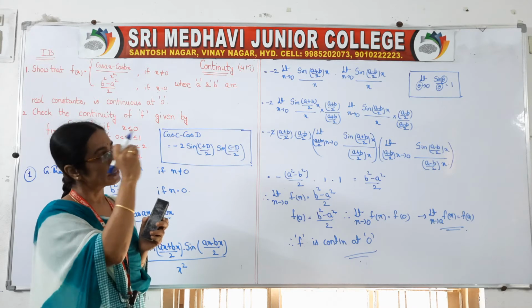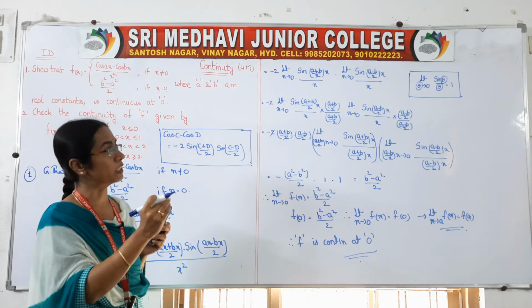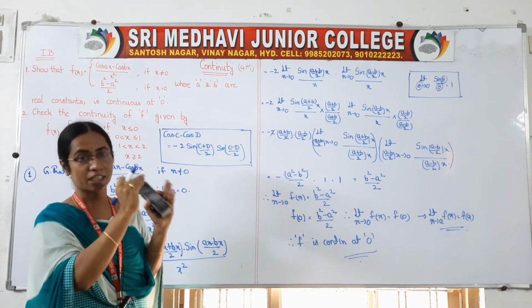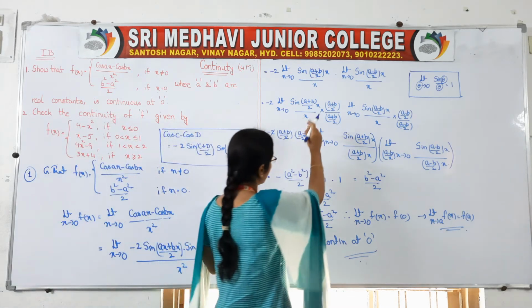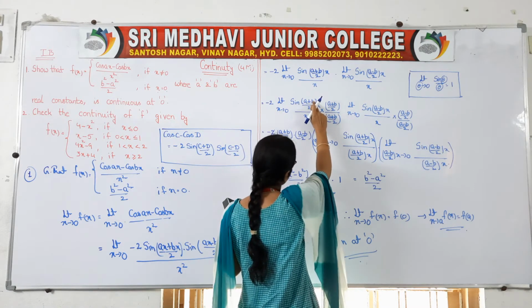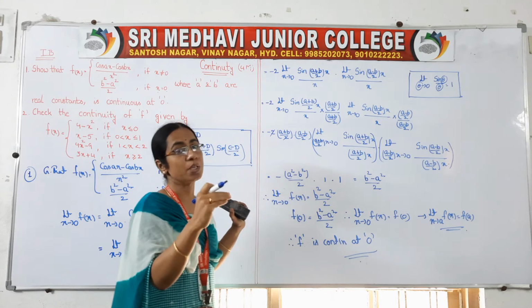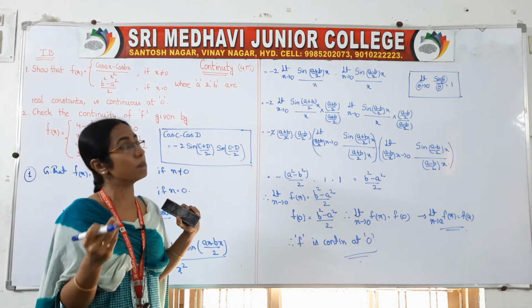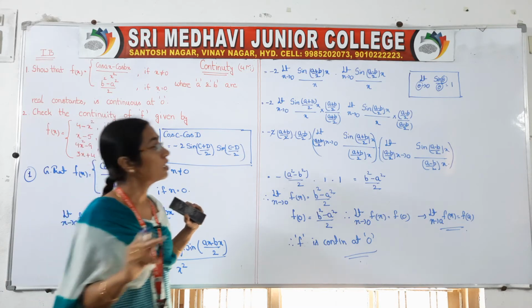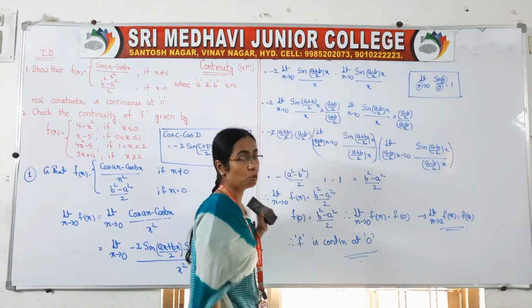That means sine of that angle divided by the same angle must be there, and the angle must tend to 0. So here it is sine of (a plus b) by 2x. Downwards also we should have (a plus b) by 2x. x is there, no problem, but (a plus b) by 2 is not there. So multiply and divide with (a plus b) by 2.